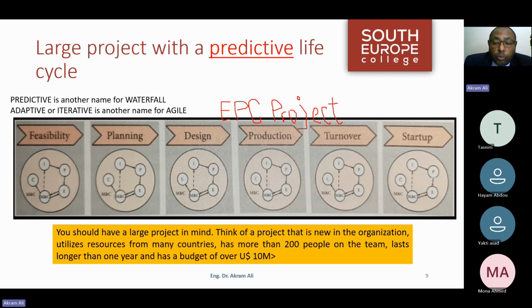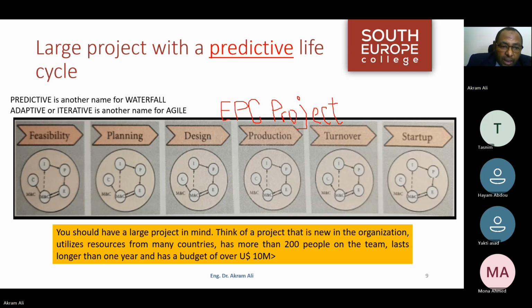So when we use phase gate project management, we have the benefit of continuous authorization of different phases of the project.